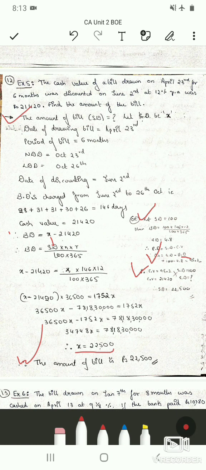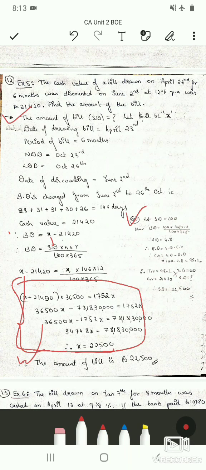Suppose banker's discount was given as say 21,420, then if banker's discount is 4.8, then sum due is 100 rupees. Then when banker's discount is 21,420, what is the sum due? So whatever information is given in the question, according to that solve for the answer. So both are easy, but here the number of steps will be reduced as in this case. So even this is a huge step, so simplify this first and then solve for the x, it will be easy.